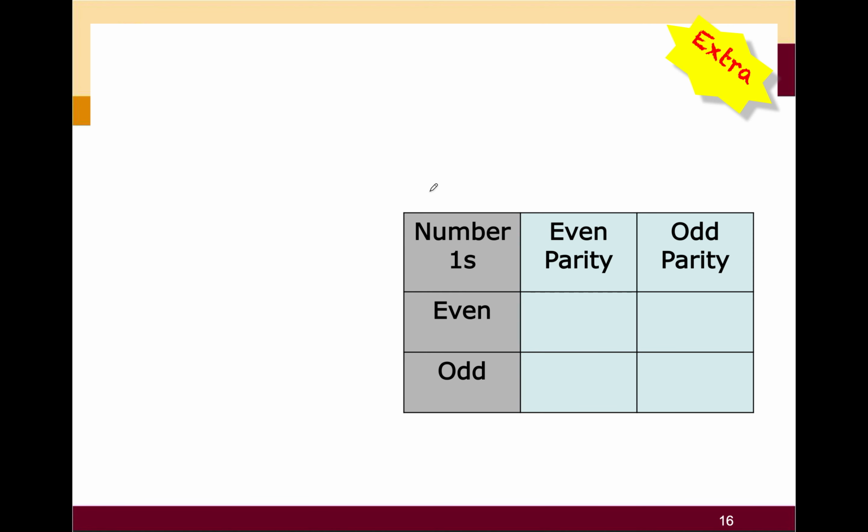Here on this table, you need to memorize this table. It's quite simple. You just draw a basic table which is even or odd in the ones. Later on I will show you. And then for even parity, if it is even for the number of one digits, you will get 0 over here.